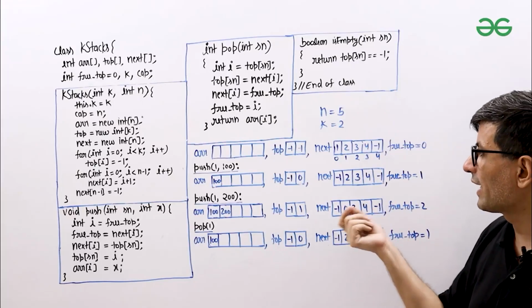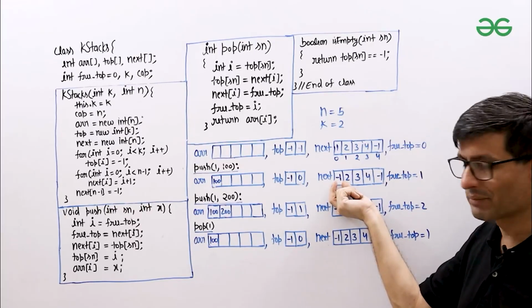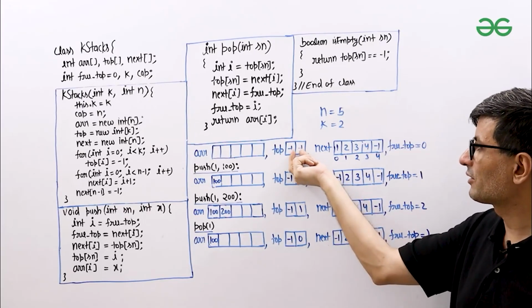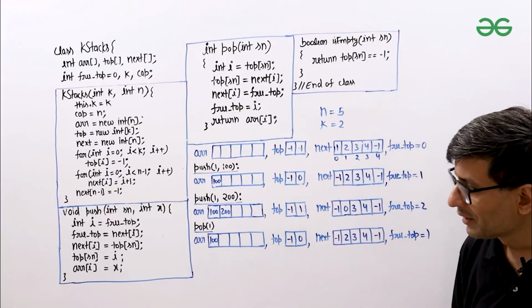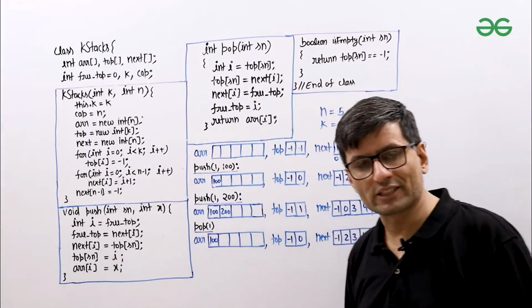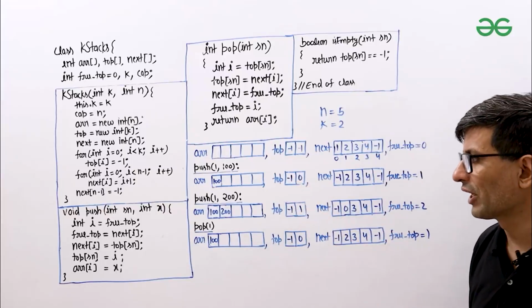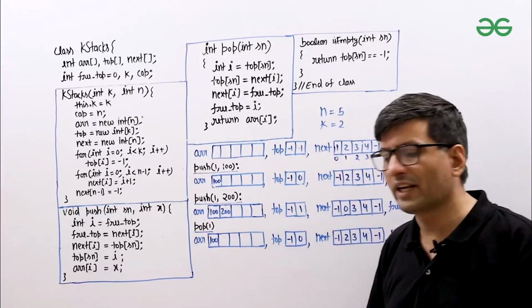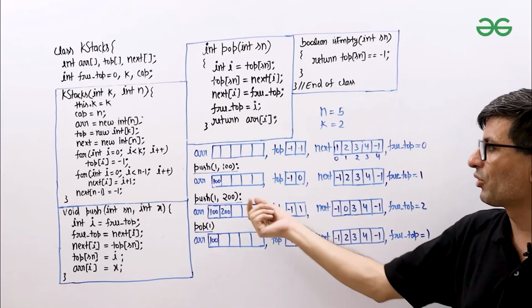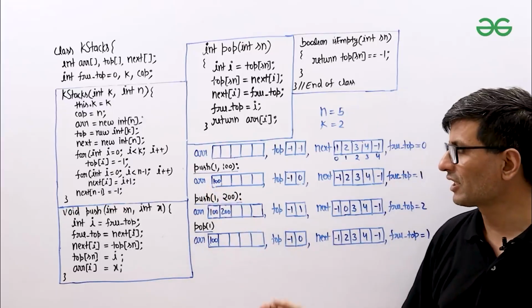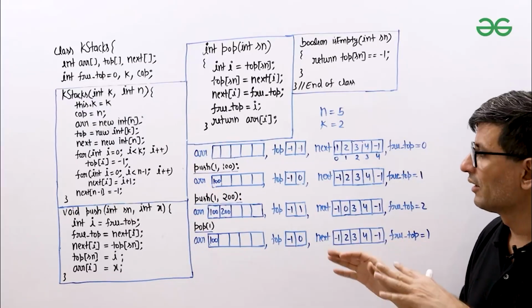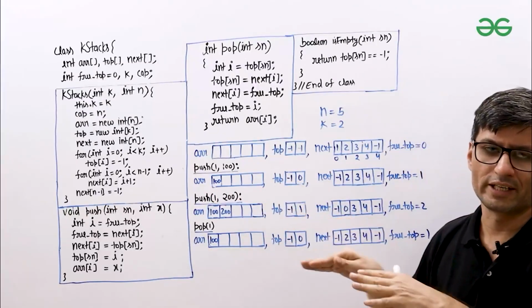So next of I is updated as -1, right? This old value of top is copied here. Then top of Sn is made as I. So top of this becomes 0, right? The current free top item that we've taken. And array I becomes 6. And then we copy this item 100 here. That's how we push 100 into stack index 1.